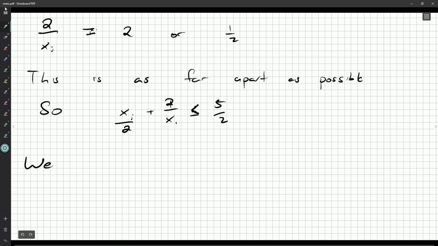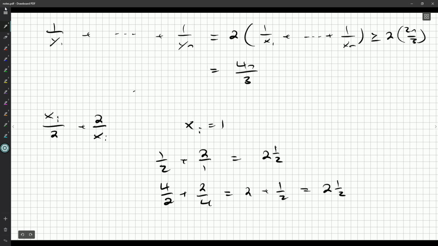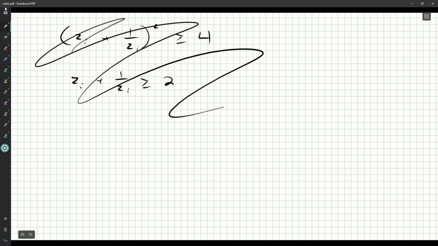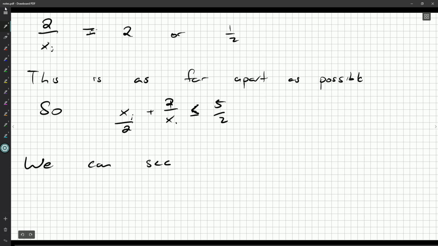Now, what did we see earlier when I called them y's? 4n plus 3, 7n over 6. So we can see that 7n over 6 is the sum of halves of these. 4n over 3 is the minimum of their reciprocals.